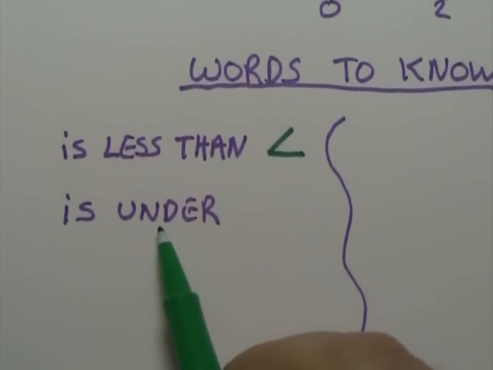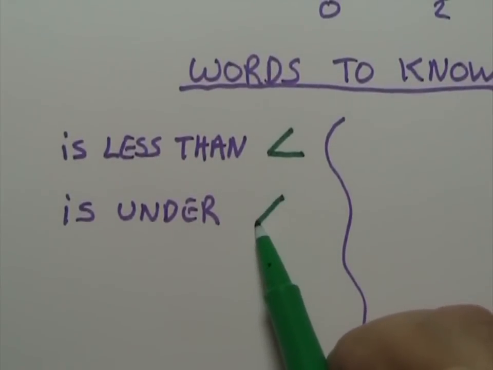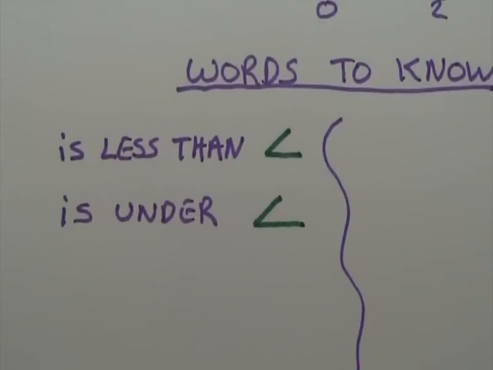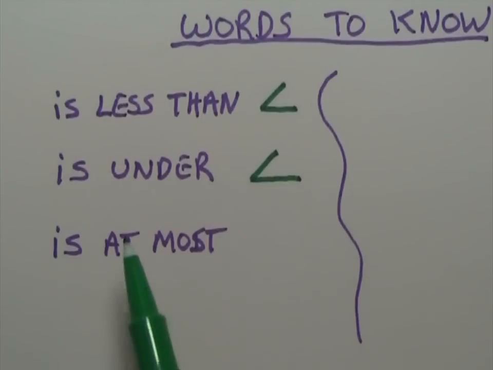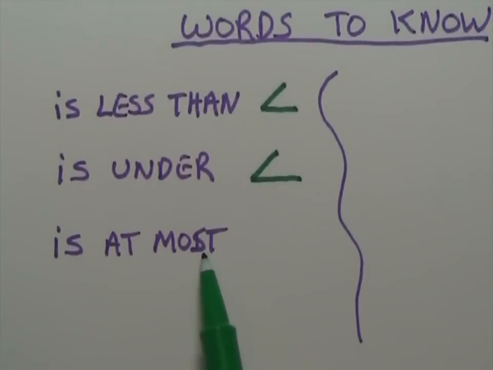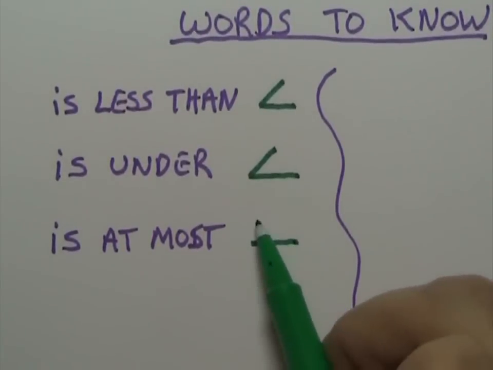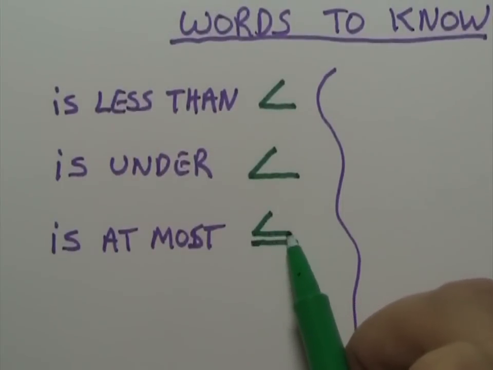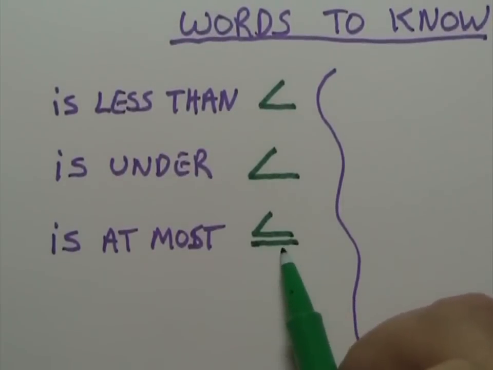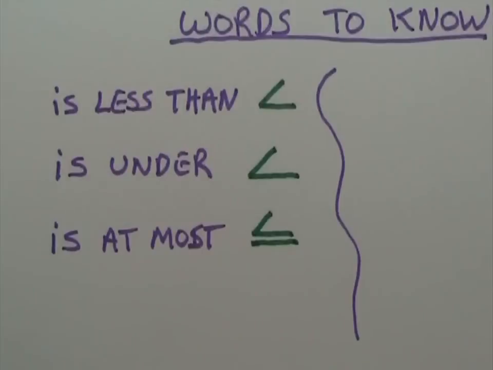If it says is under, the symbol you would use is less than. If it says is at most, for example, that person is at most 6 feet tall, that means they could be equal to 6 feet tall, or they could be less than. At most, the very most. So it's less than or equals. That's the symbol you would use.